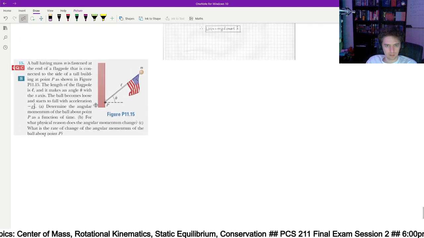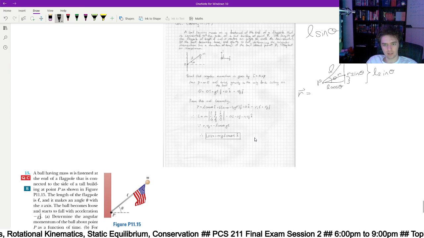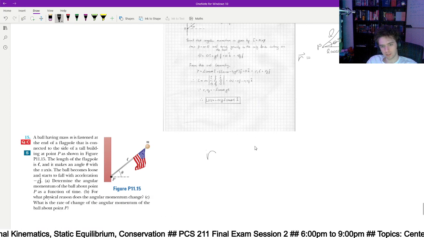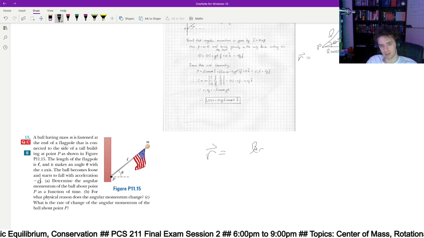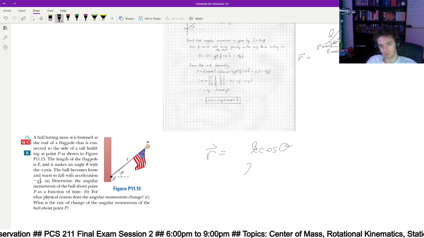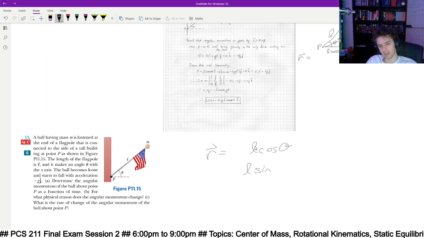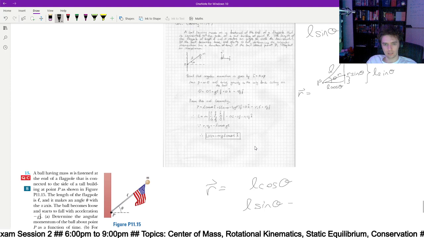Okay, so that makes sense. The radial vector will always have an x component of L cos theta. But the y component will be L sine theta minus the amount that it's fallen, delta y.